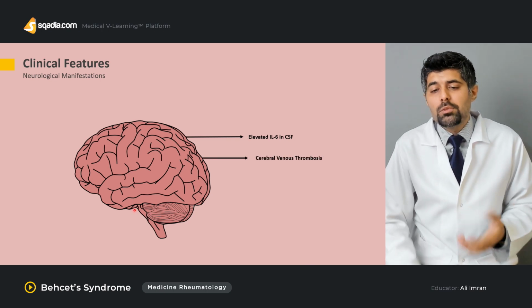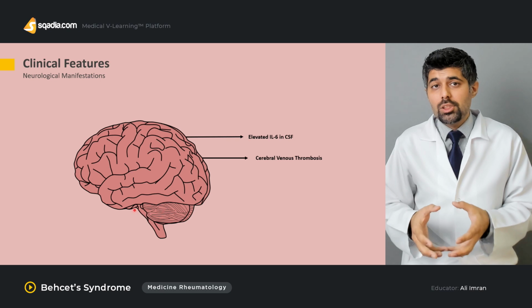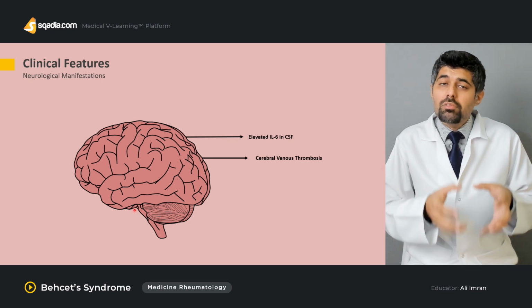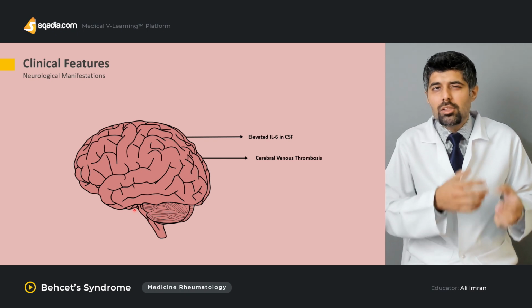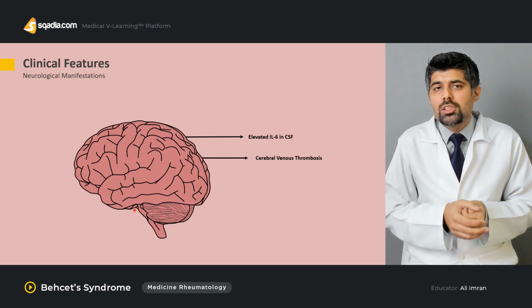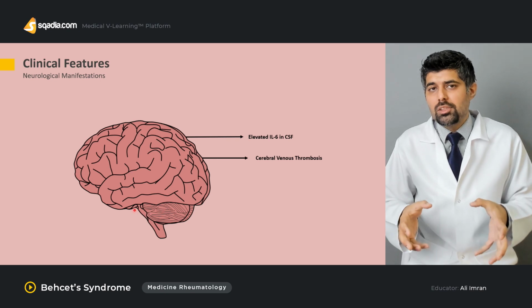We also sometimes find cerebral venous thrombosis, and this is usually found either in the superior sagittal sinus or in the transverse sinus.